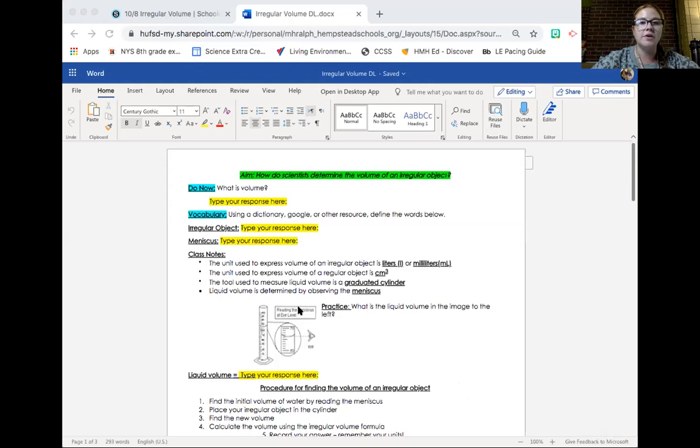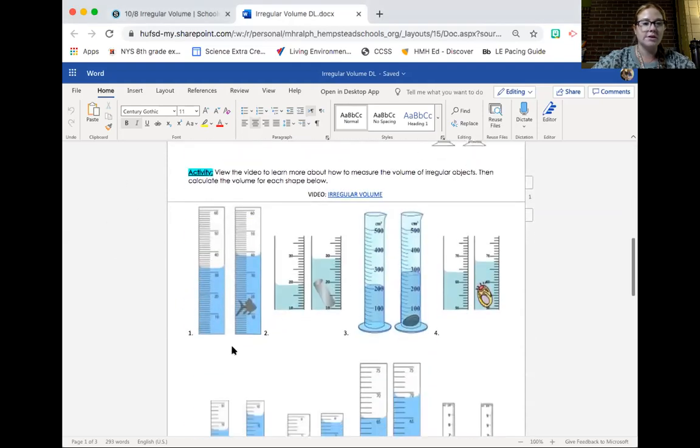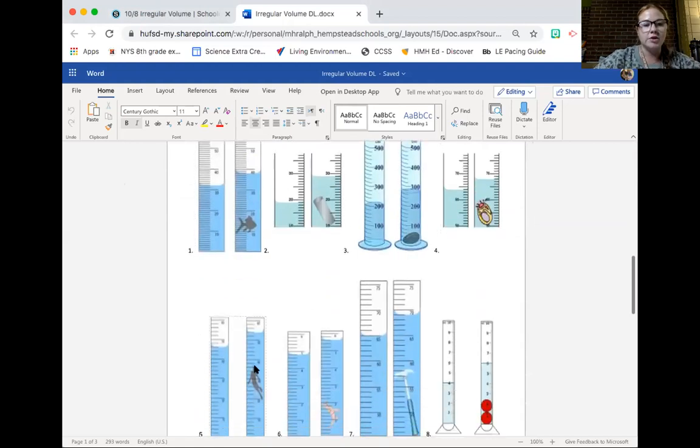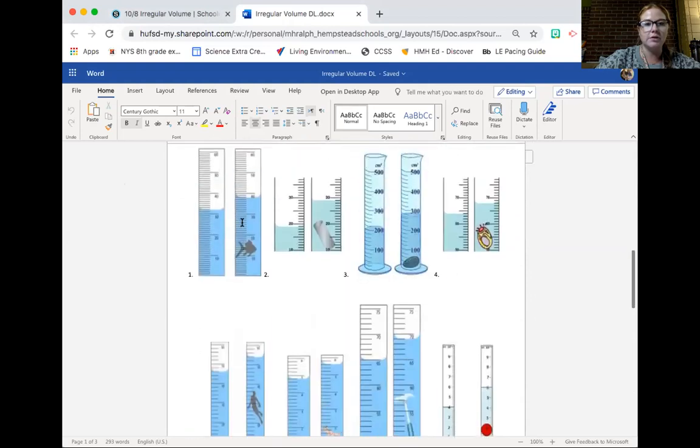So what I would like for you to do is find the volume of the graduated cylinders and objects on the worksheet provided, which you can see here. So you're going to take some time, you're going to find the volume of each of these objects and indicate it on this area below.